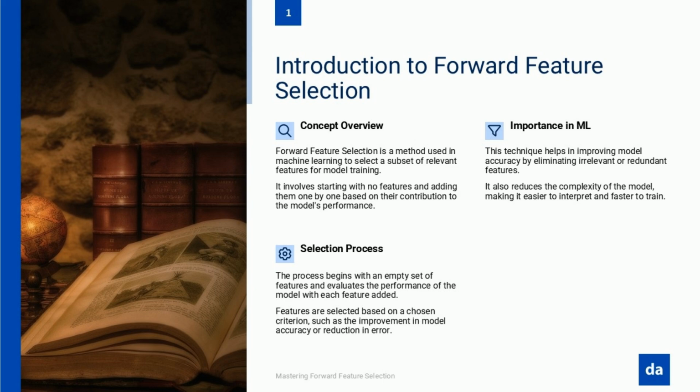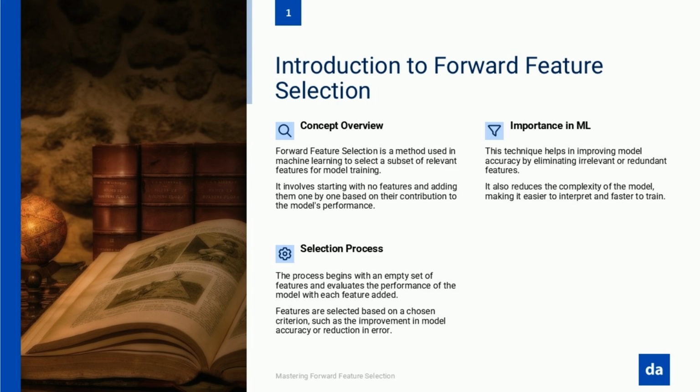But here's the catch. Forward feature selection isn't just about picking features, it's about strategy. Do it right and your model will be faster, smarter, and easier to interpret. Do it wrong and you could waste hours training a model that still doesn't perform well. So in this video, we're diving deep into how it works, why it's so powerful, and how to use it like a pro.